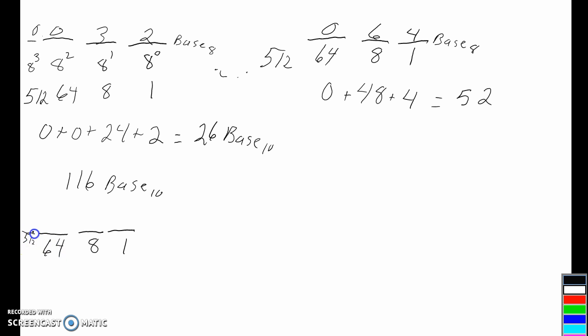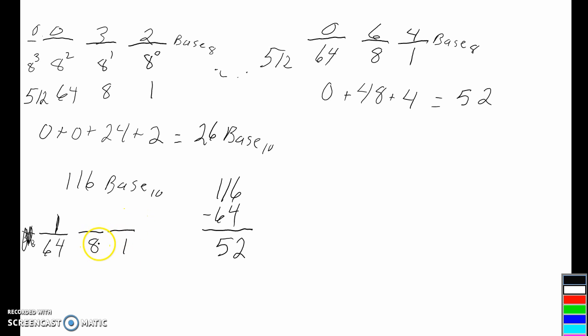So we don't have to worry about 512 because 116 is much smaller than 512. So first thing you have to do is ask the question, 64 goes into 116 how many times? It's actually 1 time. Okay, so 116 minus 64, and I'm left with 52.